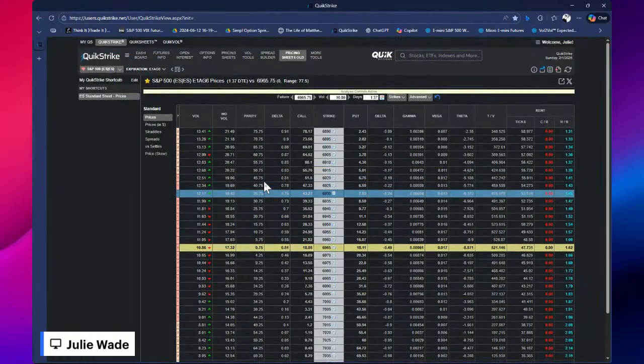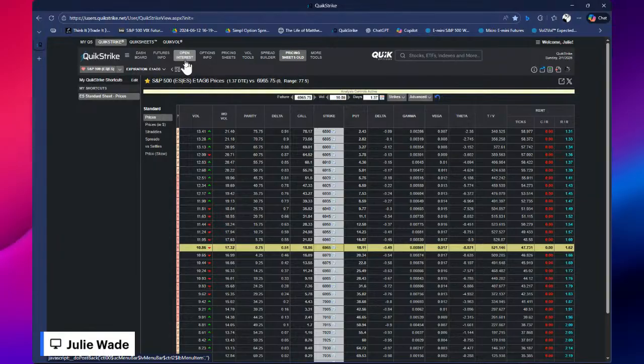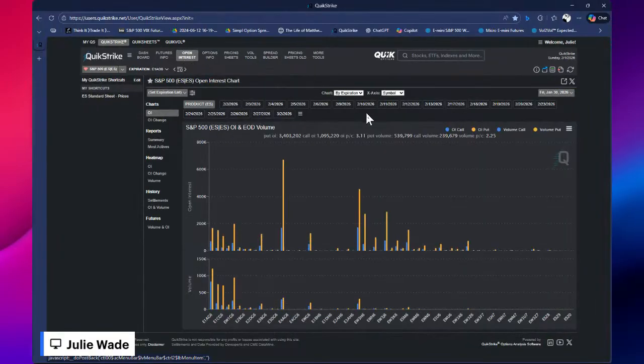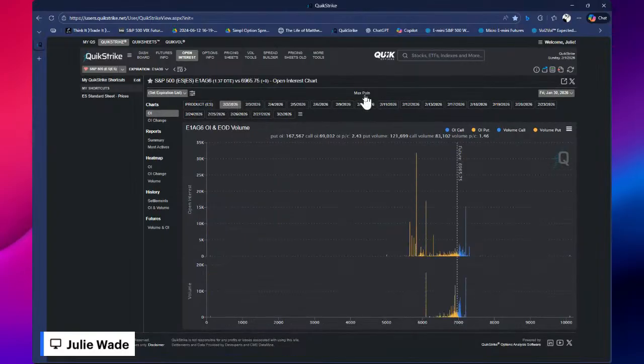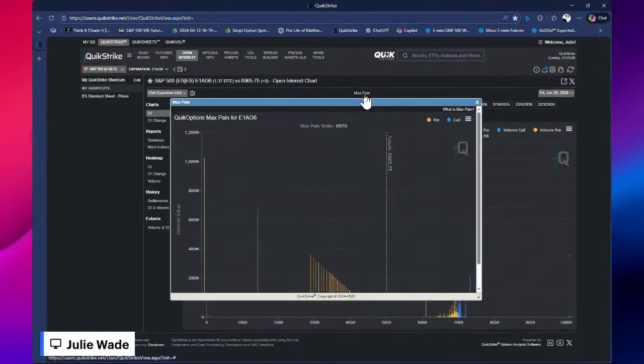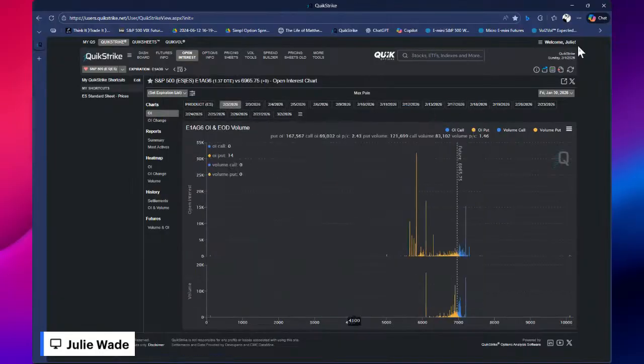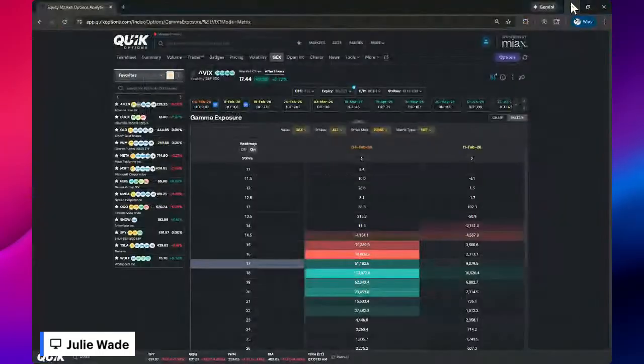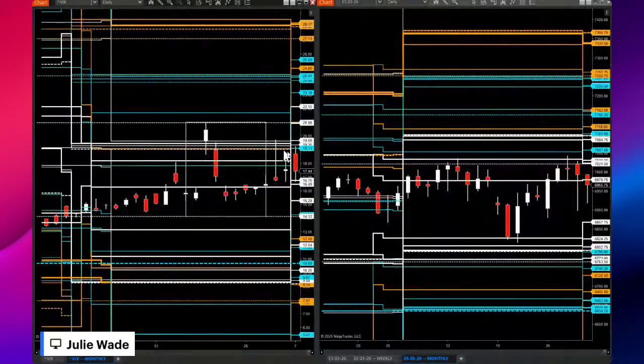But let's take a look at volume real quick and open interest. So first, the open interest for tomorrow, max pain 69.70. So 69.65, 69.70, it's going to move away from that, right? Because that's the maximum that they can lose.